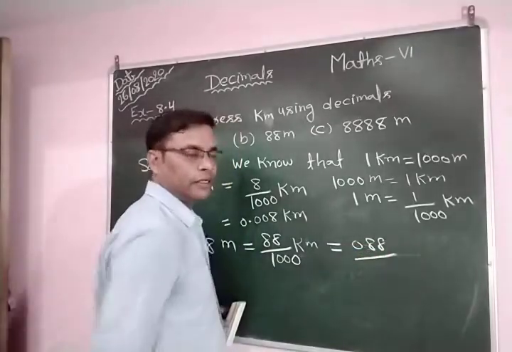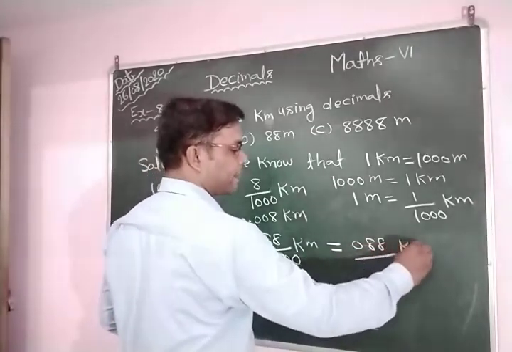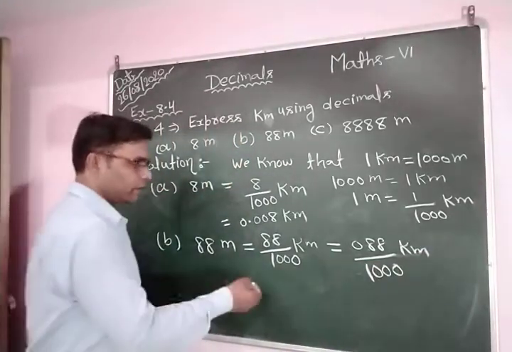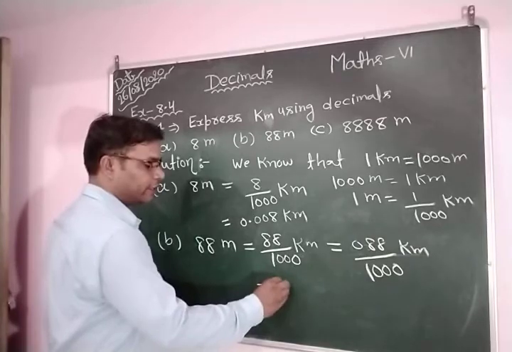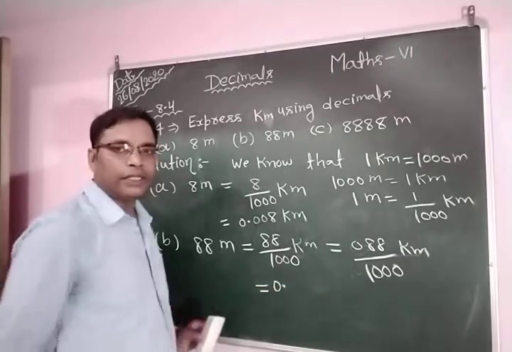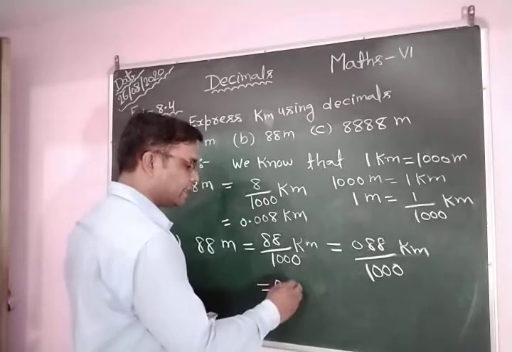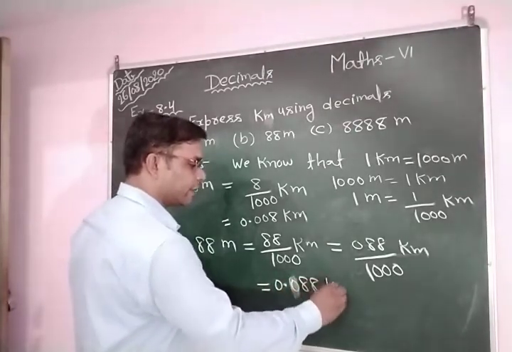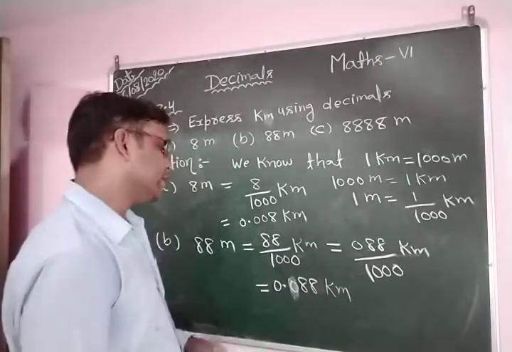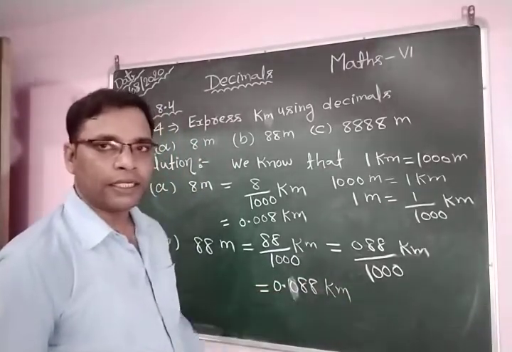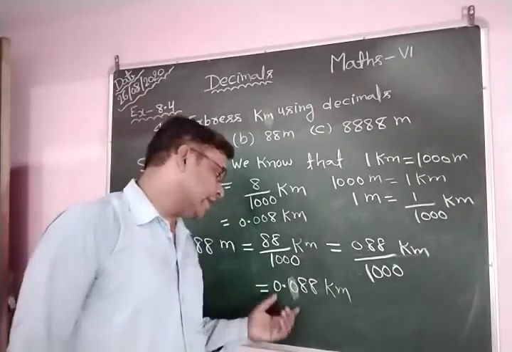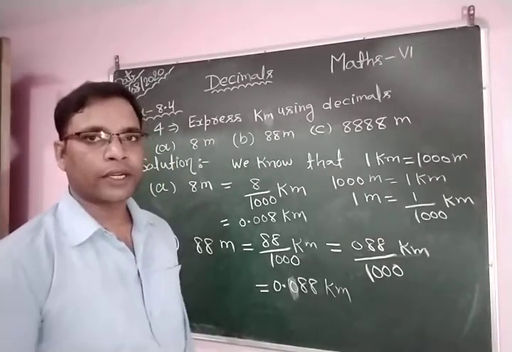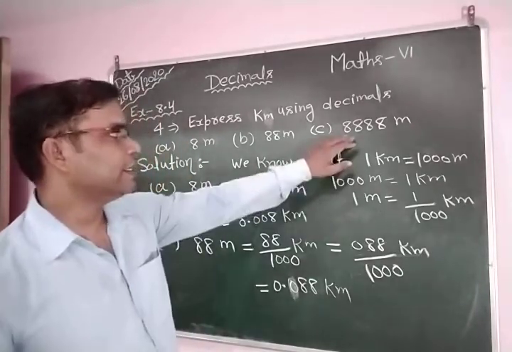This is 88 kilometers by 1000, which is equal to 0.088 kilometers.